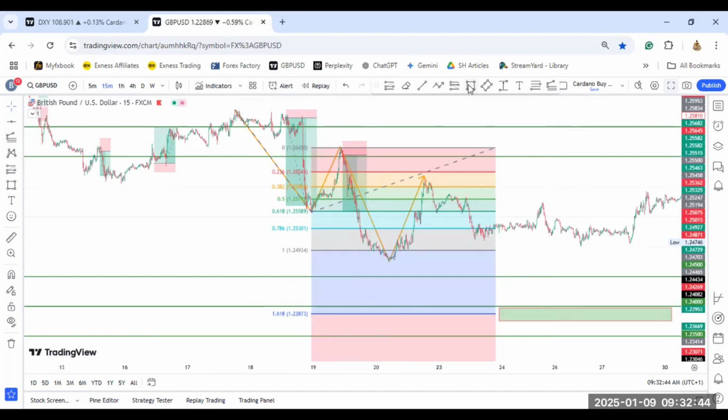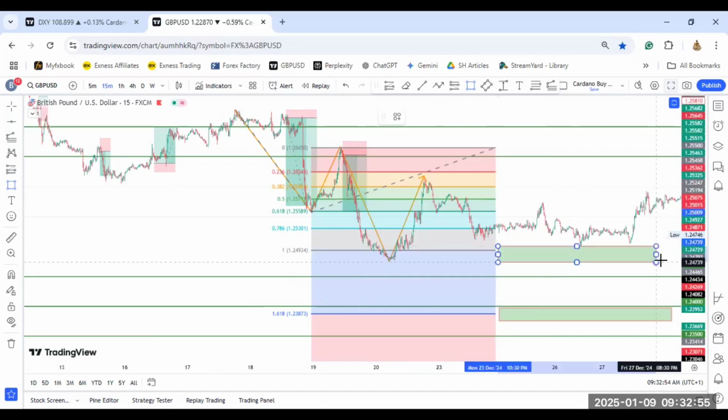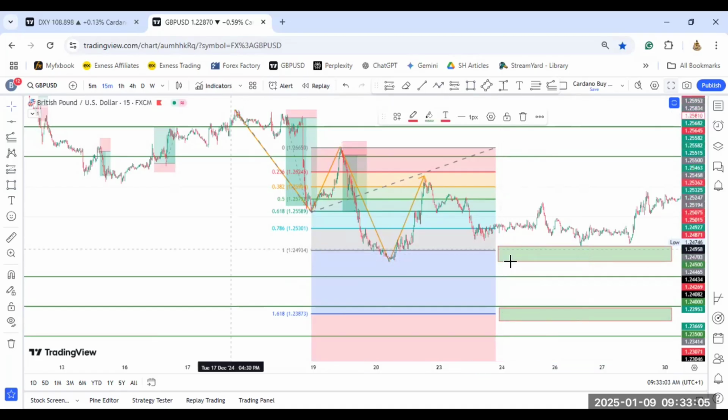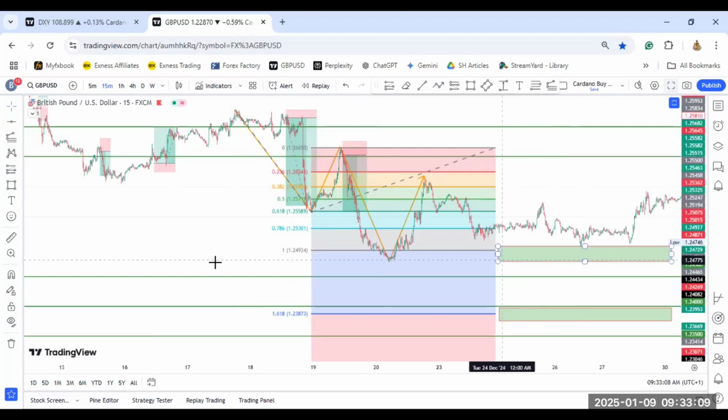The same way too, you look out for this one, the 1. Those are your possible points of price reversal. And since you know that price is most likely to reverse at these points, you will use them as your points of take profit.